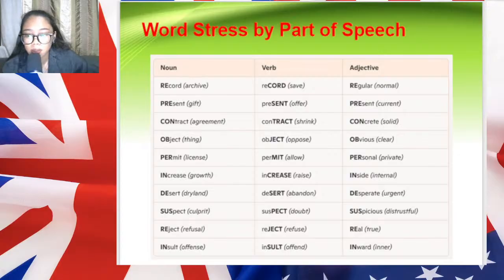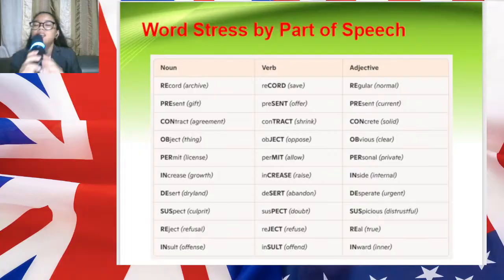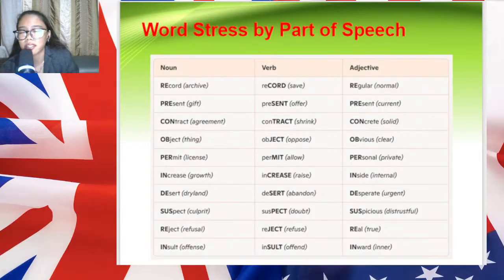But let's look at the next word, reject. Reject. Very subtle difference. The first one is refusal, the second one is refuse. The act, it's the act for the first word, and then the second column is another version of it.